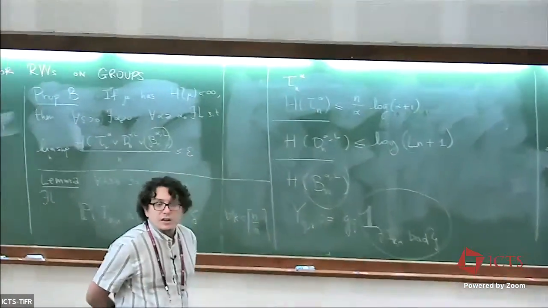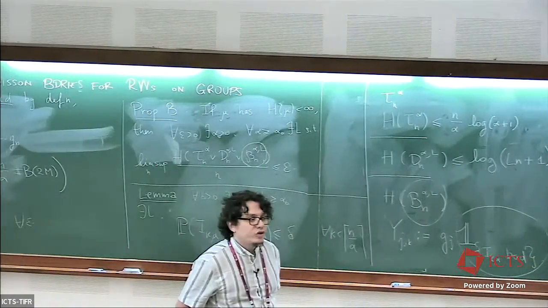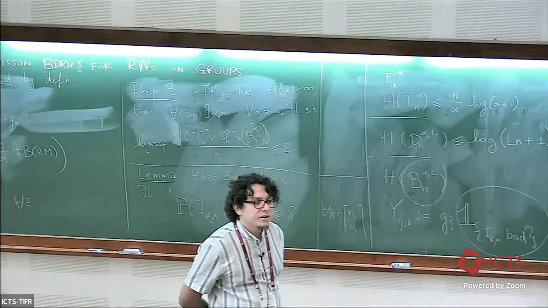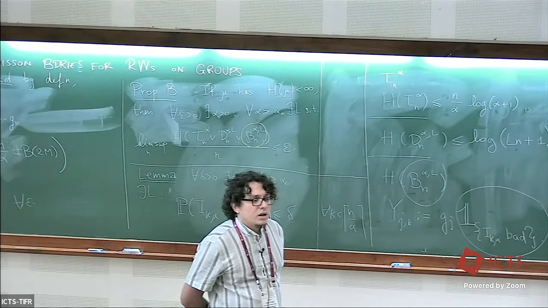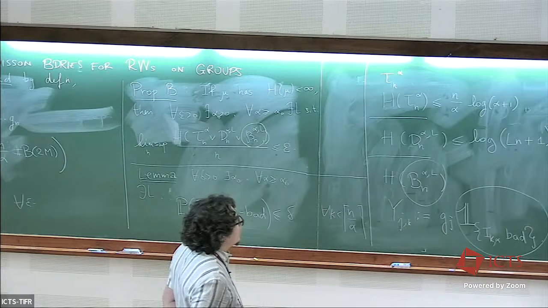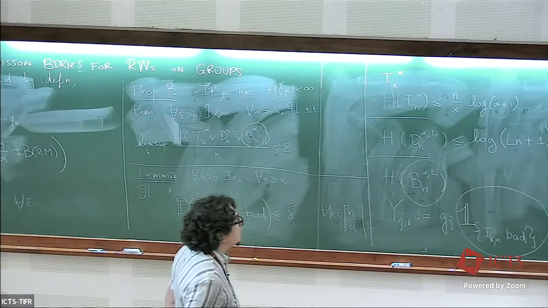Okay, very good. Are there other questions about this proof or topic in general? Now, alpha could be large, but does not depend on n.